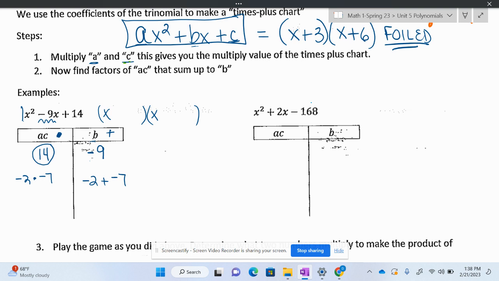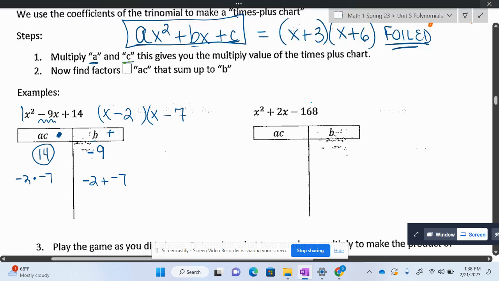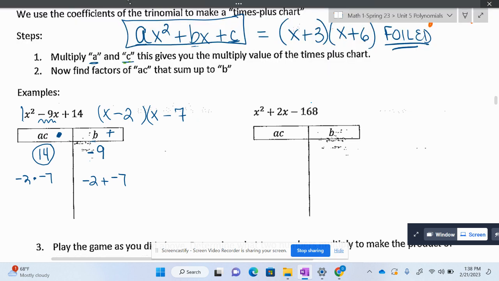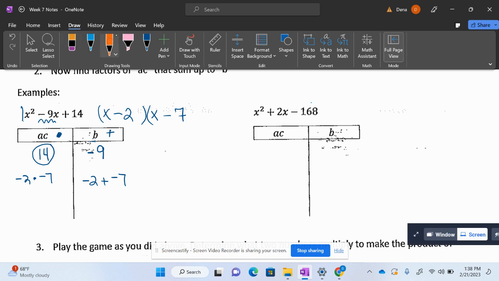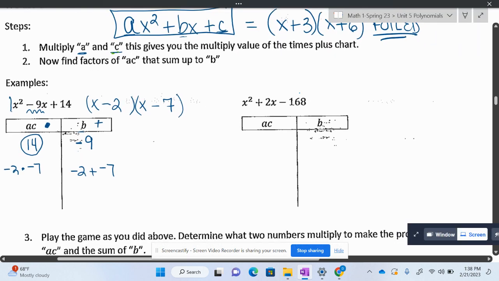Does everybody see that? And then the two numbers that we chose are the numbers that we put up here, -2 and -7. Those are our factors, okay? Those become our factors. So we could check this by foiling it, but I don't want to foil it right now.